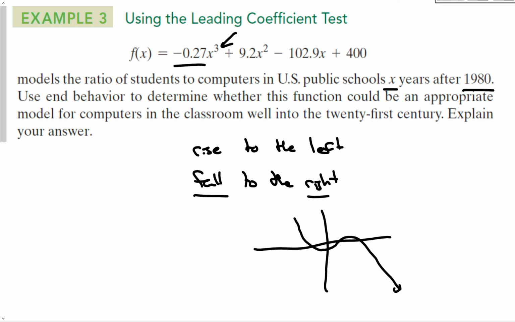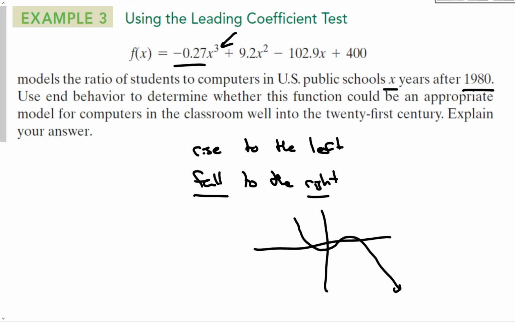Is this an appropriate model for computers in the classroom? Well, let's think about this. Over the last 40 years or so, 30 years, if you really think about it, the number of computers in the classroom has not gone down. It's gone up. I mean, look at just our school, right? Every year, another class of freshmen has gotten a Chromebook.